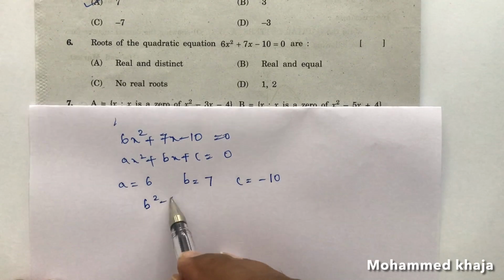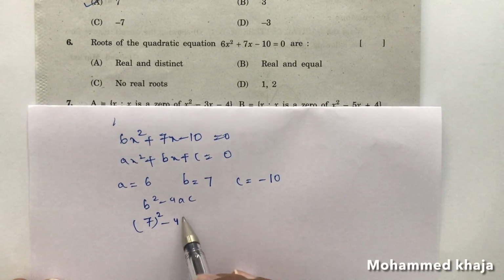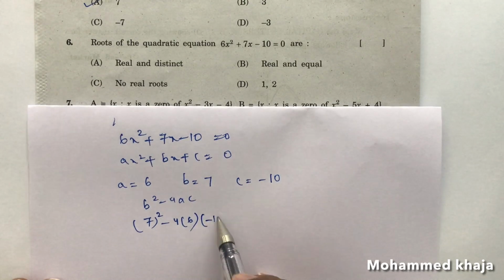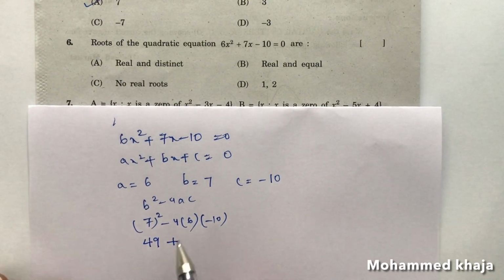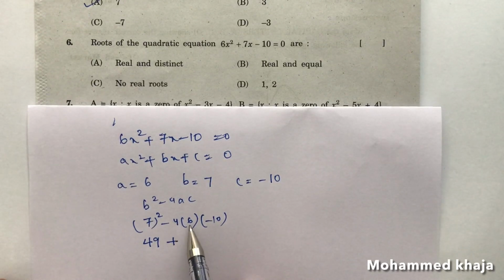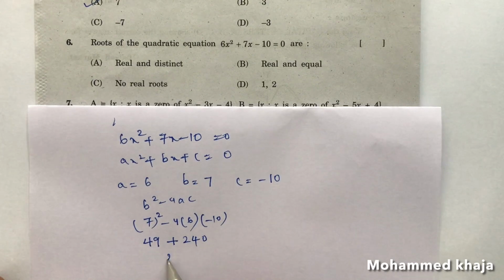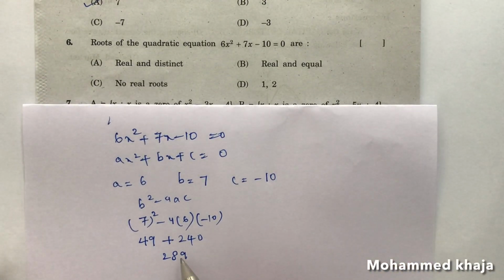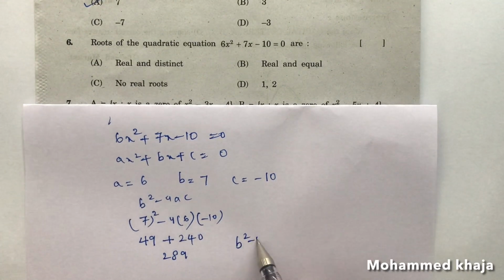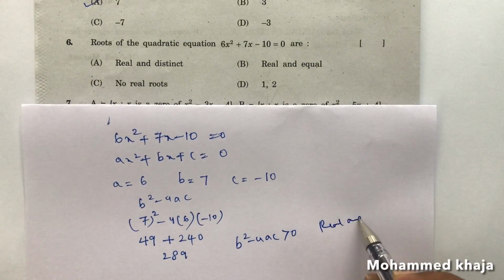So B square minus 4AC: 7 square minus 4 into 6 into minus 10. 7 square is 49. Minus into minus is plus. 6 into 4 is 24, into 10 is 240. So 289, which is greater than 0. B square minus 4AC greater than 0, so real and distinct.